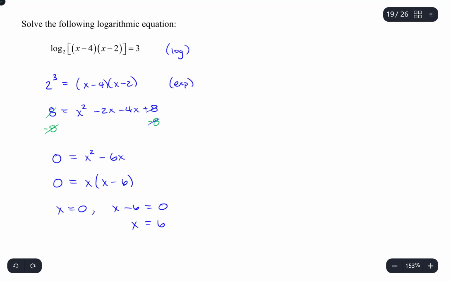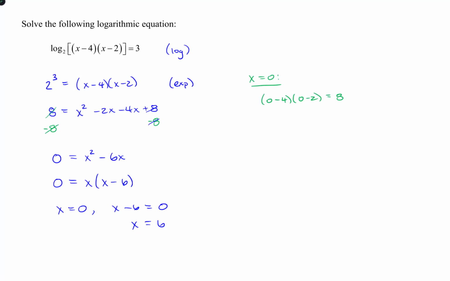So if I take x equals 0 and plug it into the argument of the logarithm, that would be 0 minus 4 times 0 minus 2. So negative 4 times negative 2 is positive 8. It doesn't matter that it's 8, it's just that it's positive, that's fine. So that is a solution, that checks out.